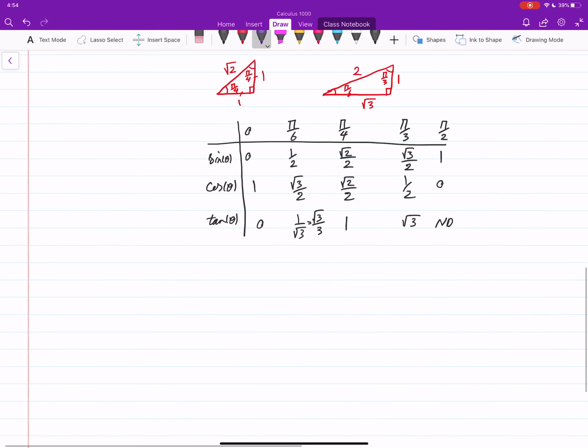Let me do one more example for the values of the trig ratios.